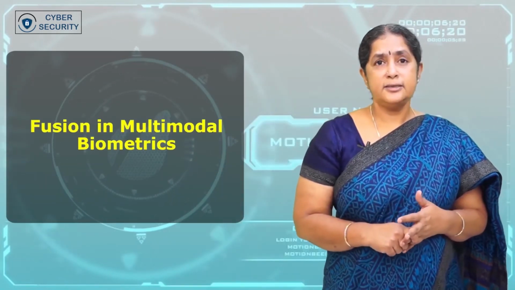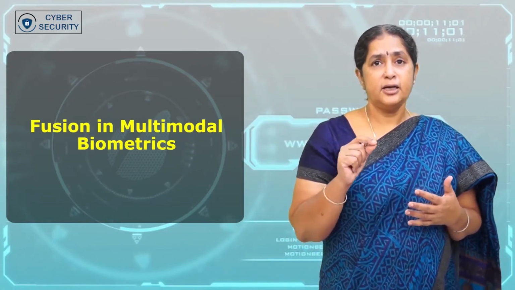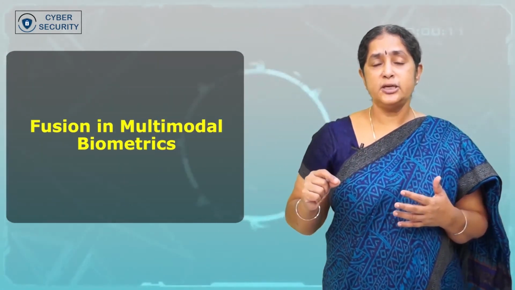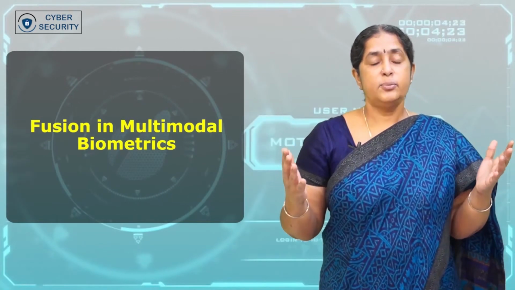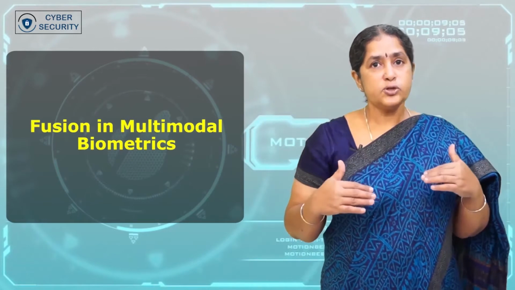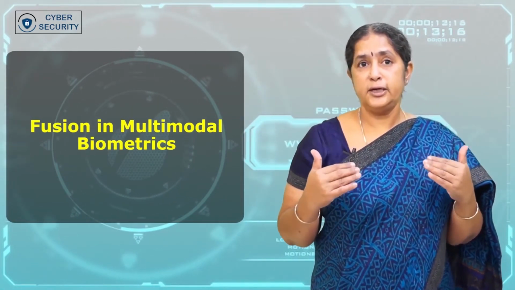The other area is also called fusion. So fusion in multimodal biometrics is another promising area. In recent decades, multimodal biometric fusion techniques have attained much focus of interest, as additional information among the diverse modalities could enhance the performance of the entire authentication process. Most of the works have concentrated on multimodal biometrics only.